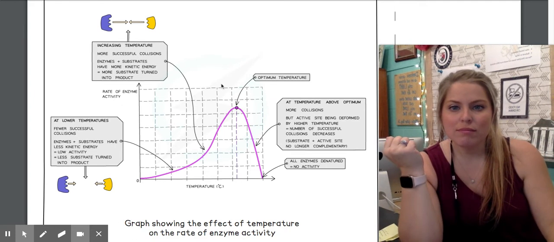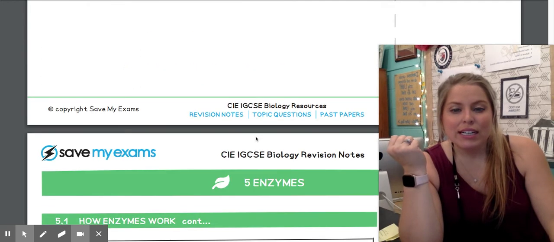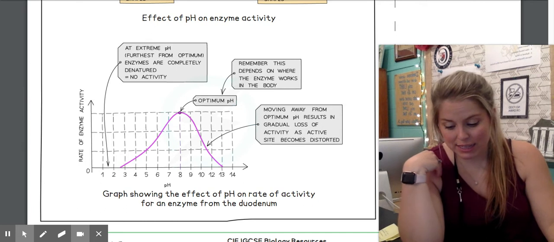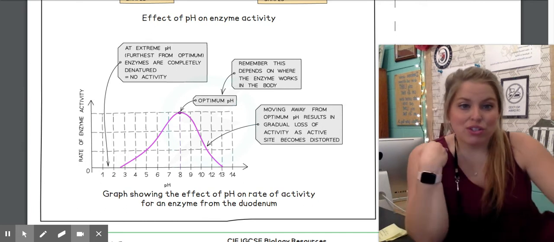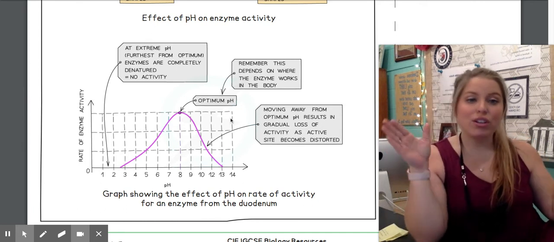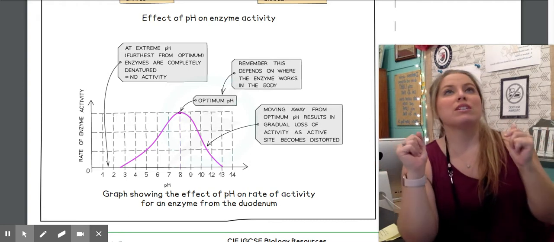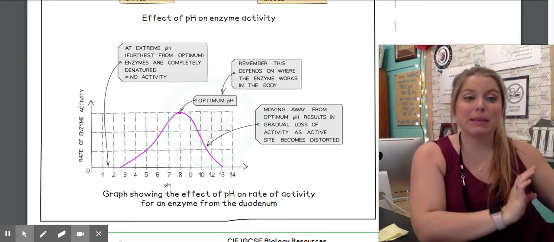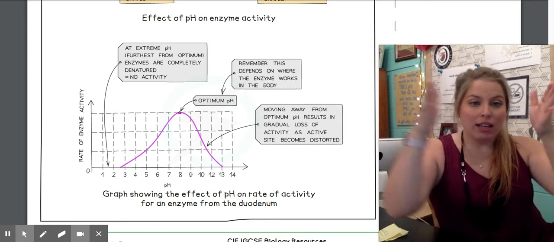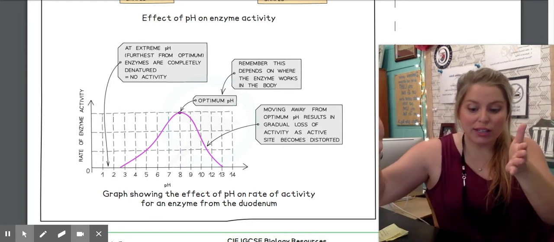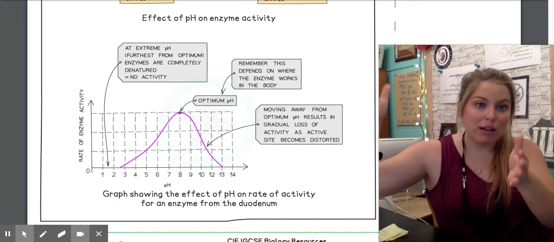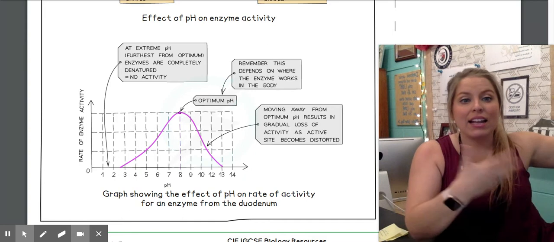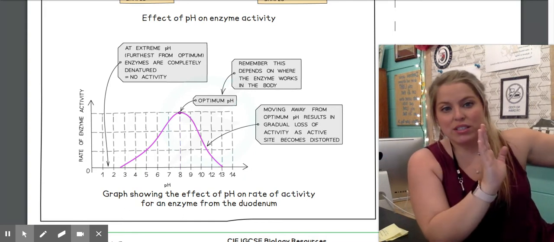Okay? So similar concept, but with pH. Now, the pH of something, y'all should know your pH chart deals with, is something more acidic, is it neutral, or is it basic? On our chart, we have 1 to 6 being acidic, 7 is neutral, and anything above the 7 is going to be more basic.